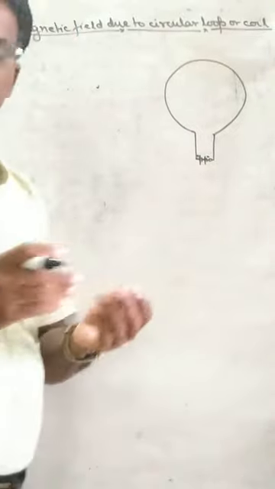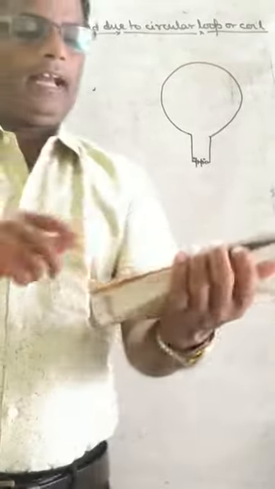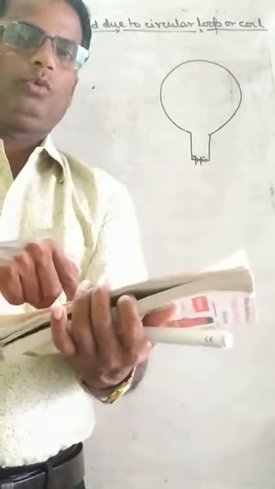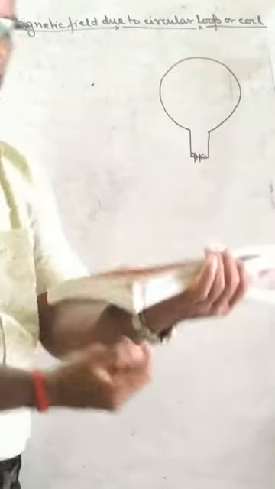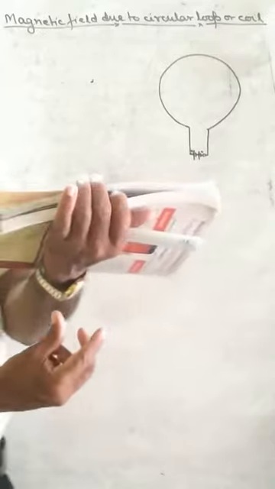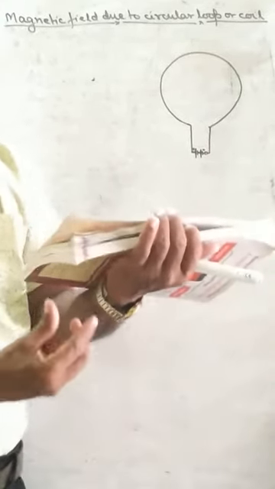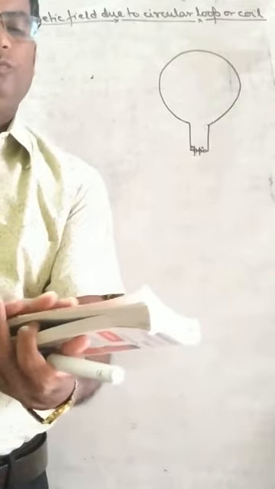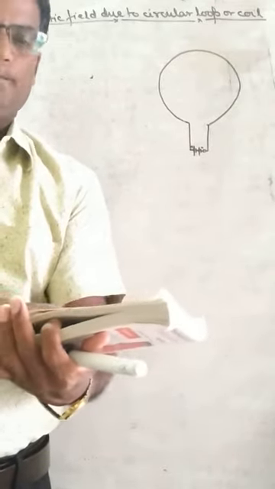Actually you will take one table. Suppose this is the table, and in between you make holes. From these two holes you bring the wire here, and just down here you connect, below the table, one battery and one key to switch the circuit on and off. Here you spread iron filings.